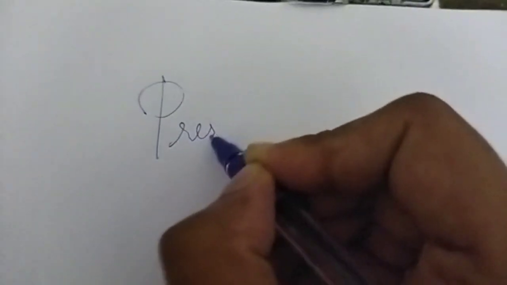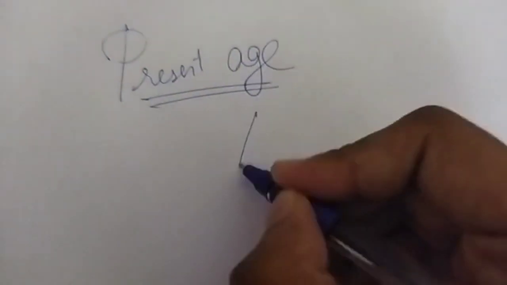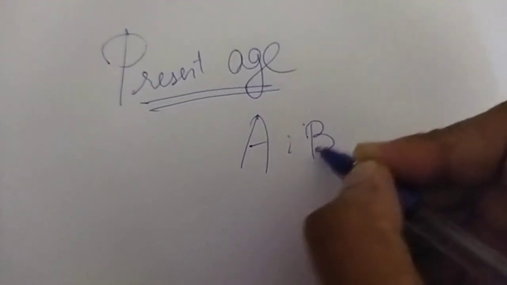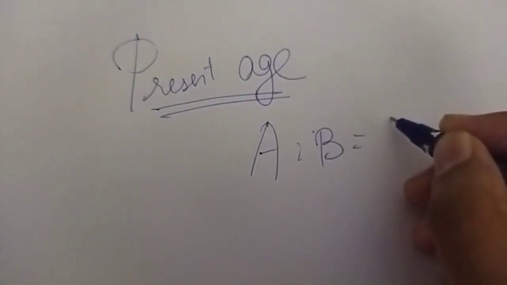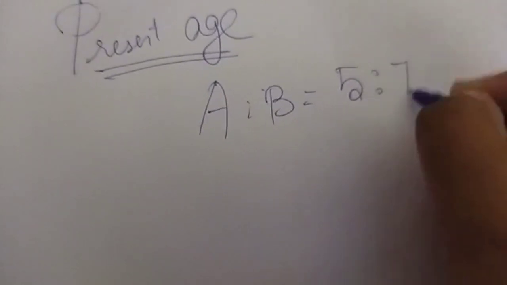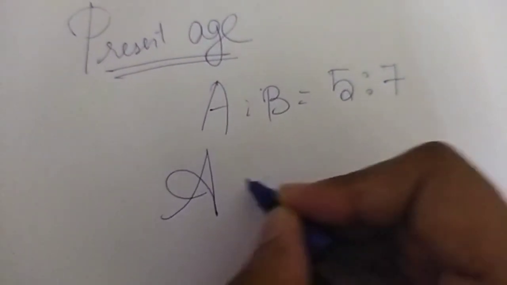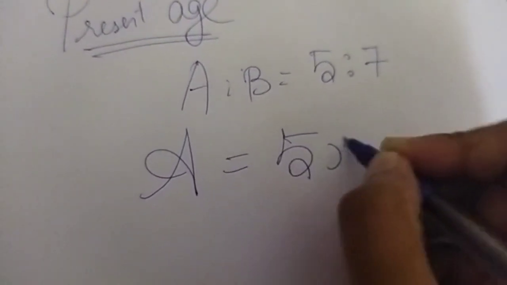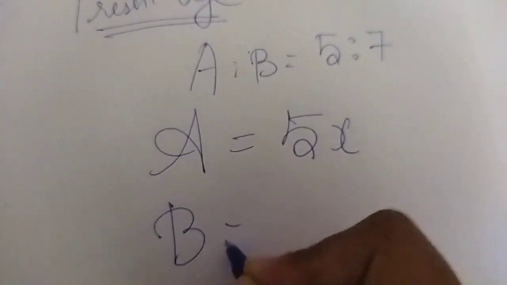So for present age, the ratio of A to B is given as 5:7. So let me take the present age of A as 5x and the present age of B as 7x.